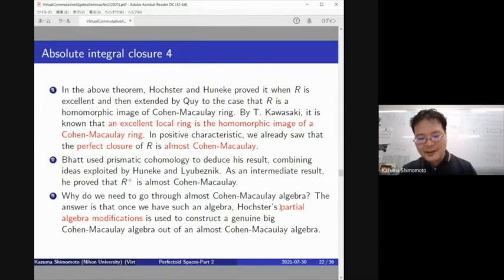But there's a paper, Hochster's paper published in 2002 or 2003 in the Journal of Algebra. I think the title is Big Cohen-Macaulay Algebras in Dimension 3 via Heitmann's Theorem. There he explains what a partial algebra modification is.